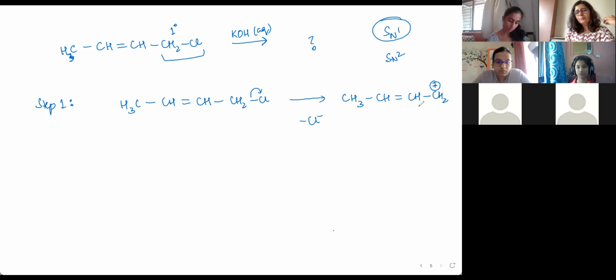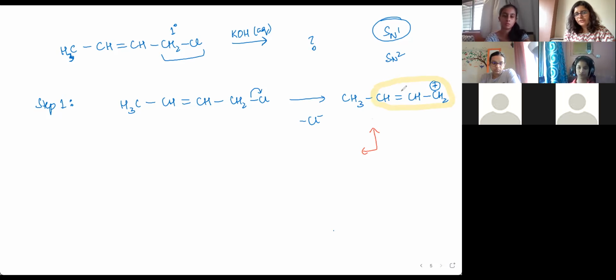Okay, now the whole point of this following Sn1 mechanism is because there is going to be resonance stabilization in this part of the molecule. That's the whole point about allylic. Right? So what sort of resonance will you observe here? The rearrangement you will find is a positive charge here.